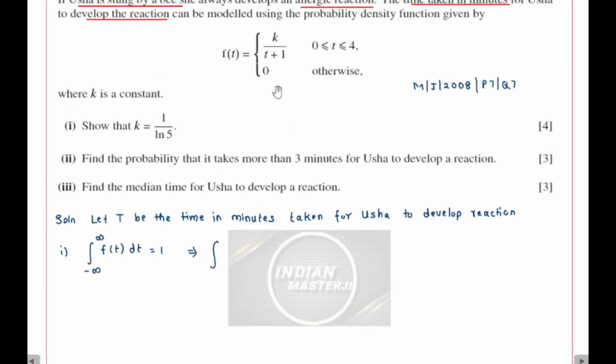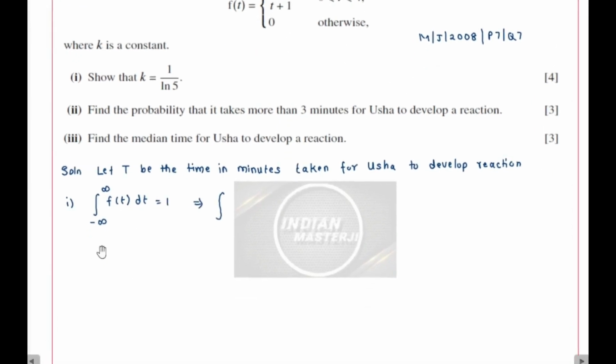But f of t is defined as non-zero only from 0 to 4. So instead of from minus infinity to infinity, I'll take 0 to 4. From 0 to 4, f of t is defined as k upon t plus 1, and I have to integrate k upon t plus 1 with respect to dt, and this integration will be equal to 1.